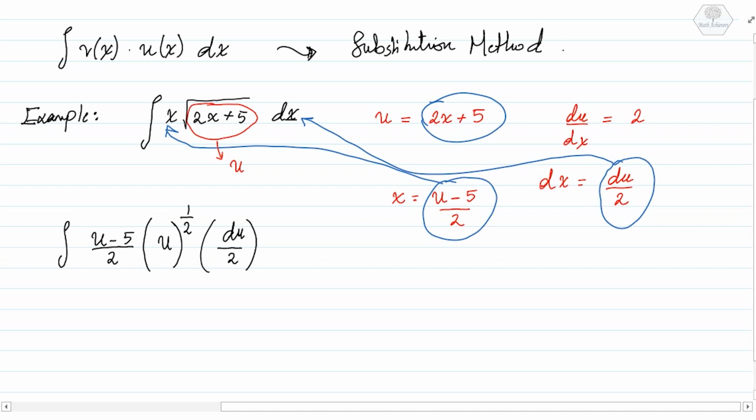I have a 2 in the denominator and another 2 in the denominator, which makes 1 over 4. I can take this 1 over 4 out of the integral since it's a constant. So this is equal to 1 over 4 times the integral of u minus 5 times u to the power of half du.